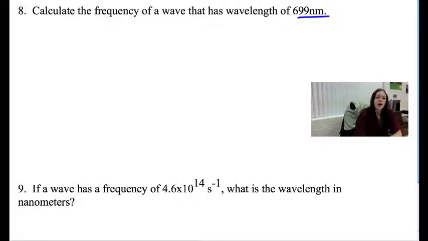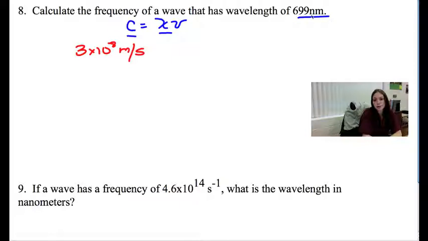Okay? So I have my equation, which is C equals lambda times nu. I know the wavelength, and I know C, but I cannot just plug in the 699 because we're measuring C in meters, 3 times 10 to the 8th meters per second. Well, I can't have one of them in meters and one of them in nanometers. And I tend to like to change things to meters.